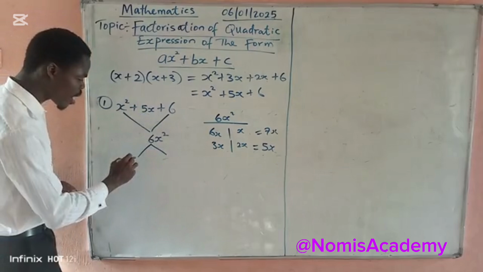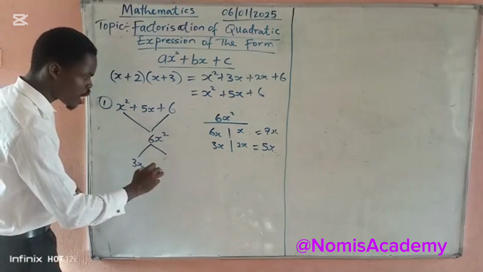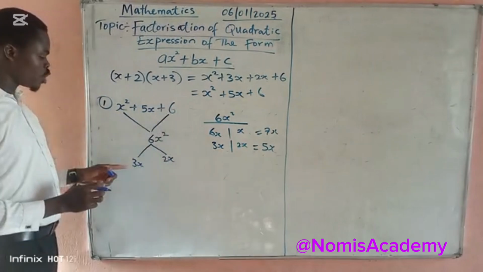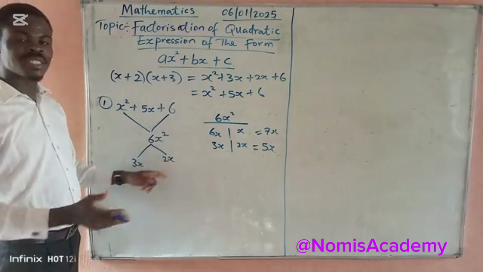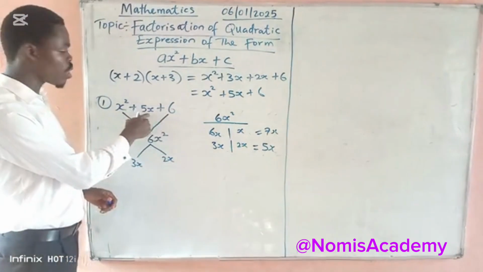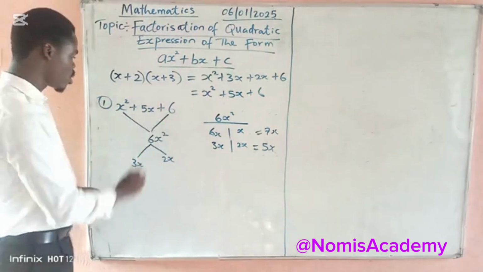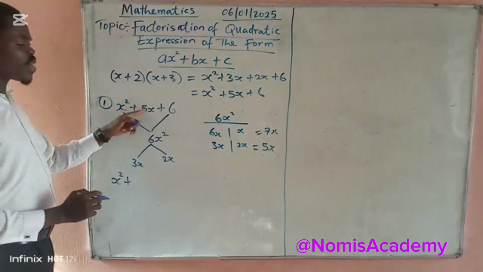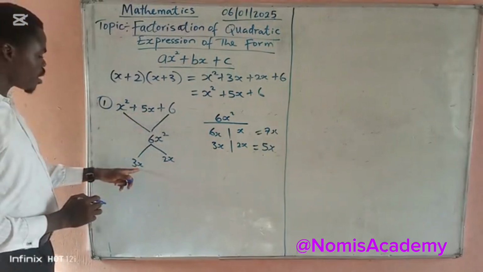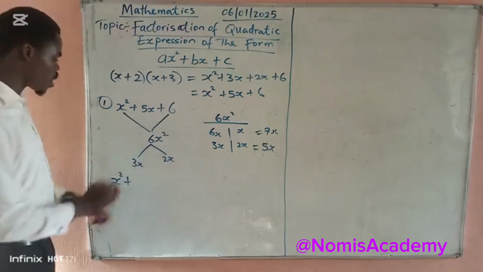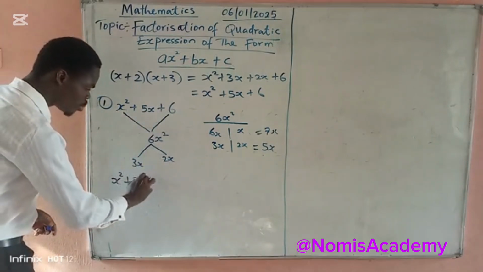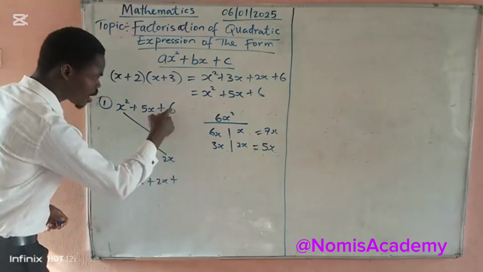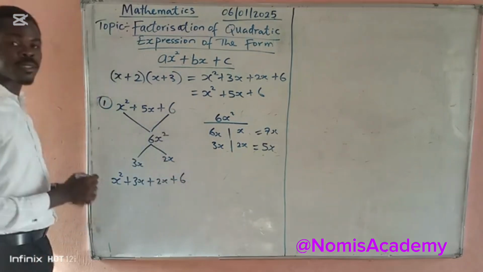So we use the diagram again. Our factors are 3x and 2x. So I'm going to write 3x and 2x in the middle term of the quadratic expression. So I have x squared plus, instead of writing 5x, I'm going to write 3x plus 2x, and plus the last term 6.